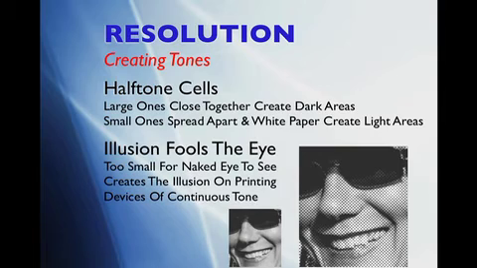So the way halftone cells work, as you can see by looking at these images, the same image enlarged and then reduced: halftone cells, large ones close together, create the dark areas of a photograph, and smaller ones that are spread apart let the white of the paper, if you will, shine through, and our eyes mix it all together, and it gives us the illusion of a light area.